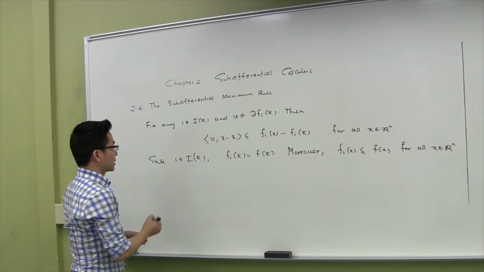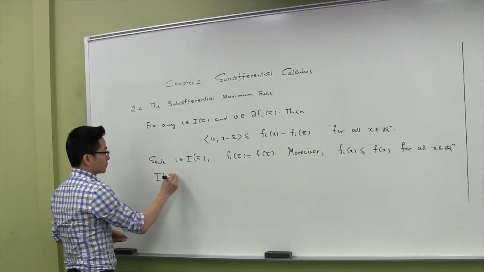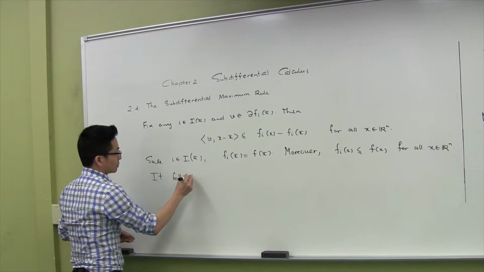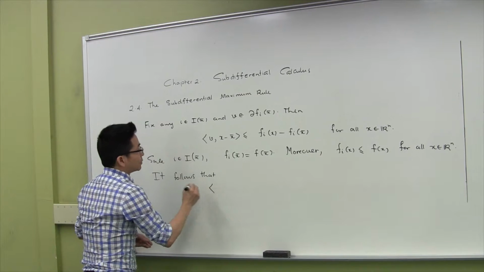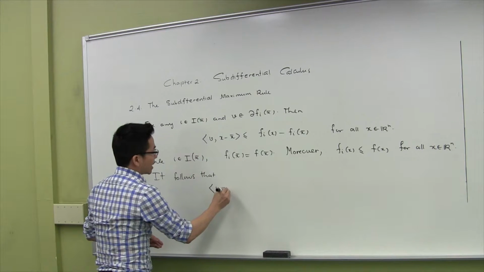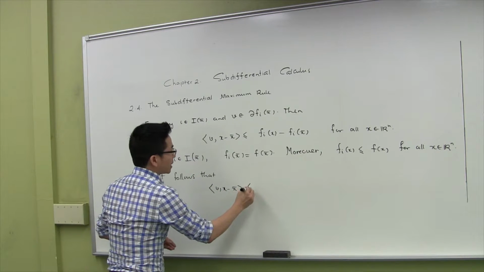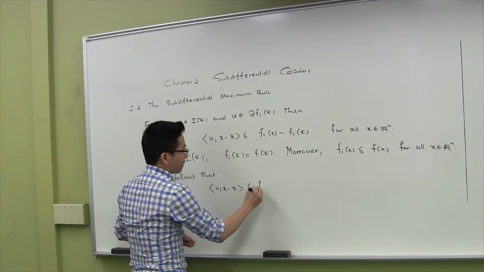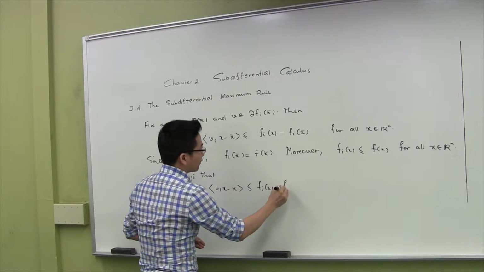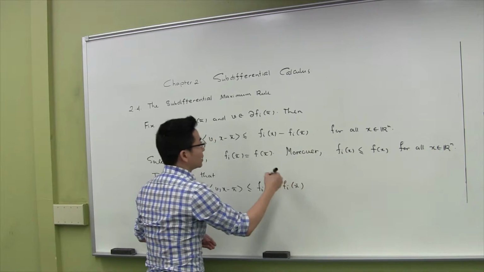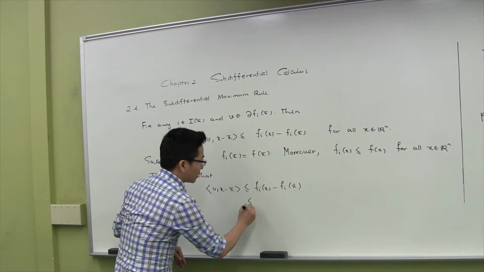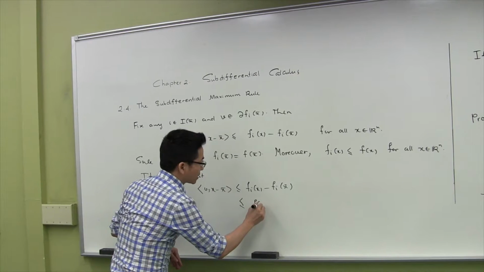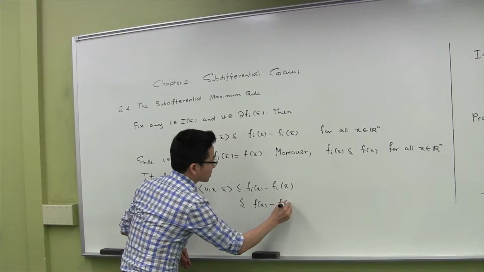It follows that the inner product of v and x minus x bar is less than or equal to f_i of x minus f_i of x bar. This is what we have over here. And this is less than or equal to f of x minus f of x bar.